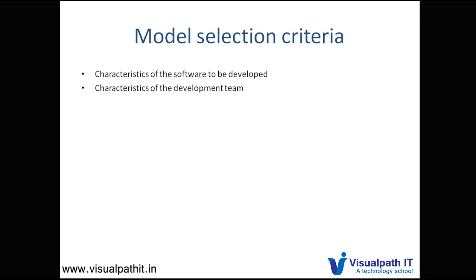And then the characteristics of the development team. So this is also a very important factor. If the development team is novice, they are new to the technology, then we can go for prototyping, because we are not confident about that and they may take time to evolve, so we can go for the prototype type.